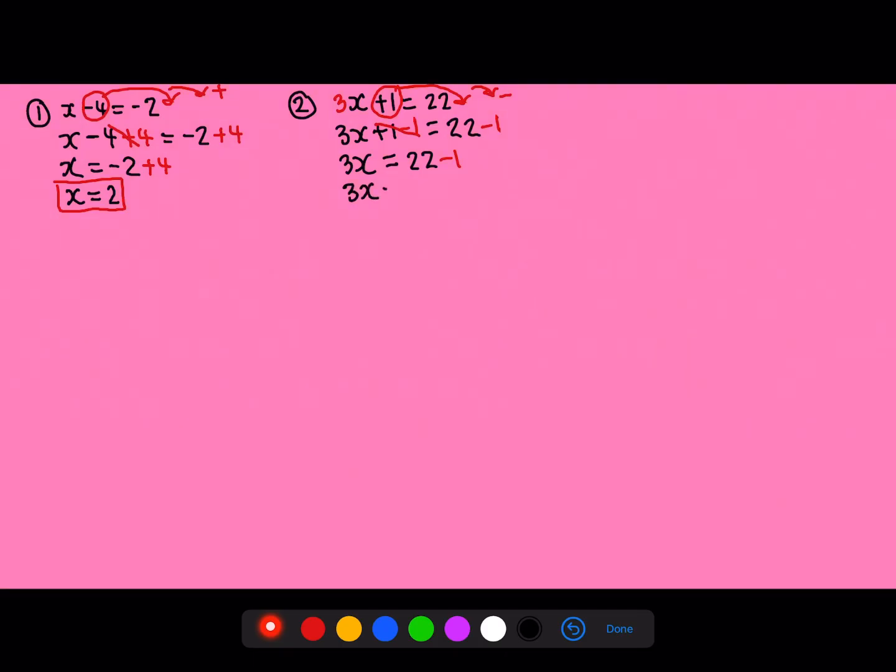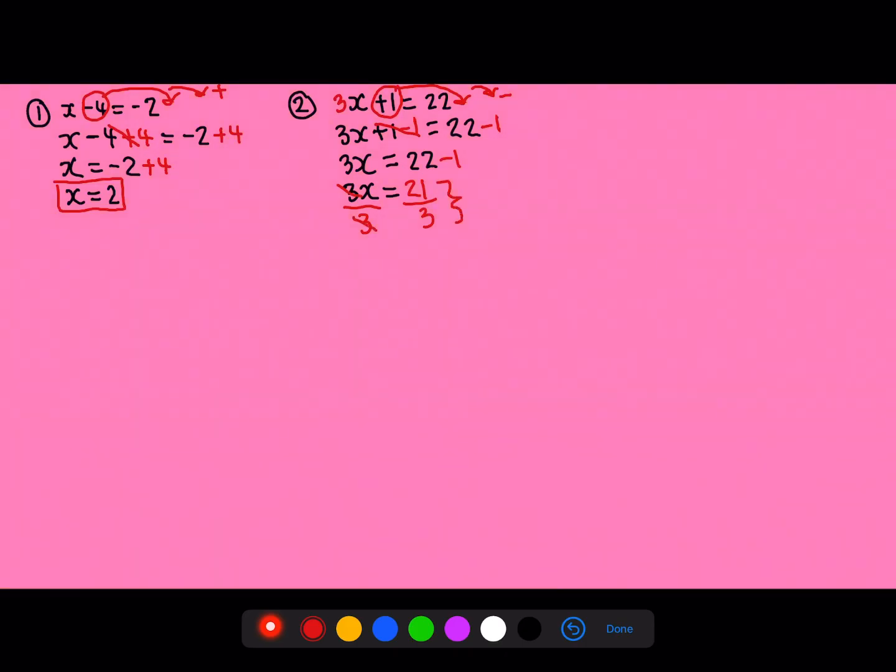So first step, we just have to solve it normally if there's a number in front of the variable. But now it changes. We have to do 3x over 3 and 21 over 3 to get rid of the 3, because the variables always want to be by themselves, alone.